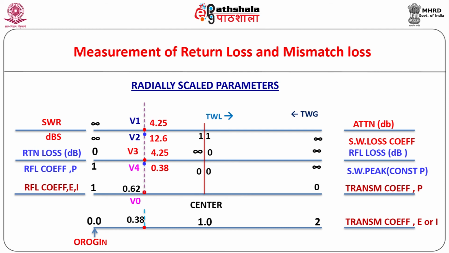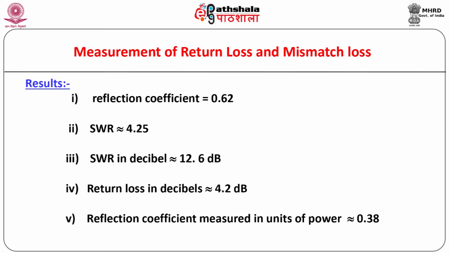Then the number at V1 gives the value of SWR, the number at V2 gives the value of SWR in decibel, the number at V3 gives the value of return loss in decibel, while the number at V4 gives the value of reflection coefficient measured in units of power, which is nothing but the square of the reflection coefficient measured in terms of voltage or current. Thus, accordingly, from the Smith chart, we obtain the desired values as shown.